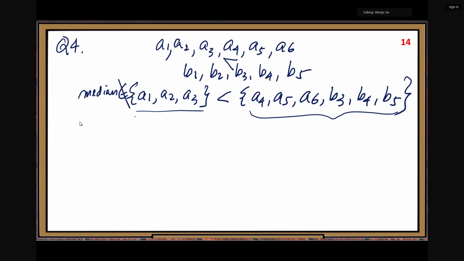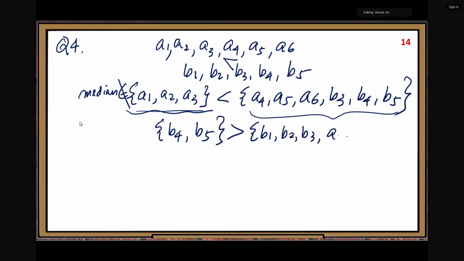Actually, many students can get this part, but for the other elements, B4 and B5, many students couldn't see this. These elements are greater than B1, B2, B3, A1, A2, A3.